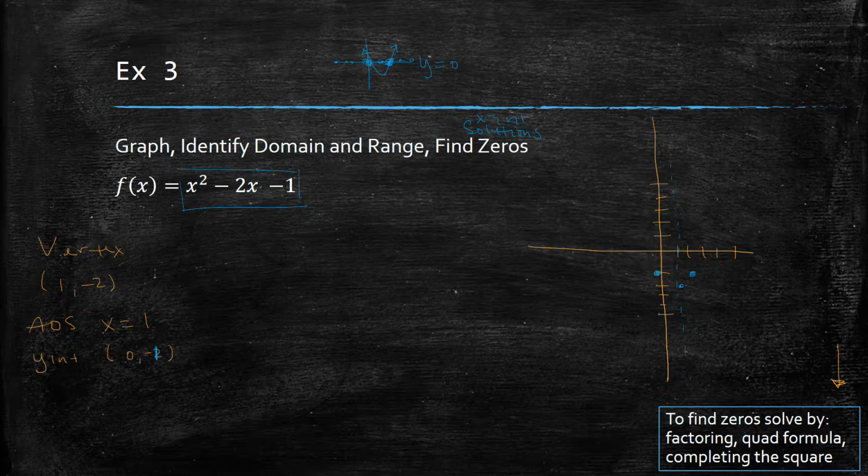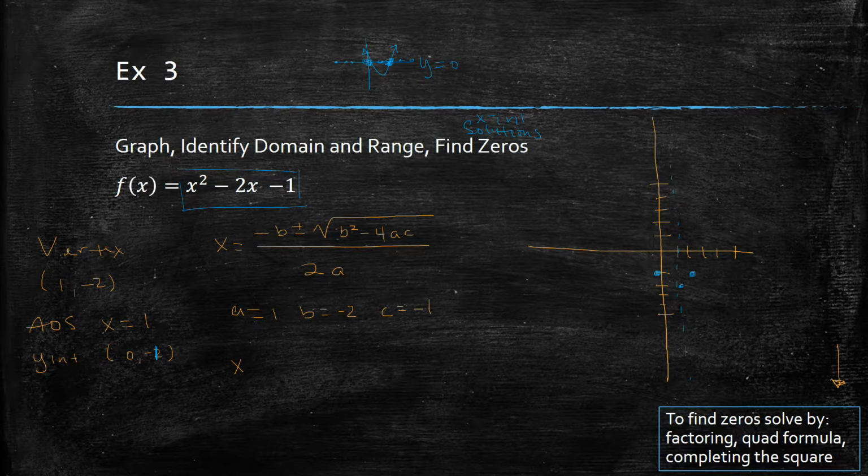I'm going to use the quadratic formula. We know that the quadratic formula is x equals negative b plus or minus the square root of b squared minus 4ac, all over 2a. So let's identify our values for a, b, and c. a is 1, b is negative 2, c is negative 1.